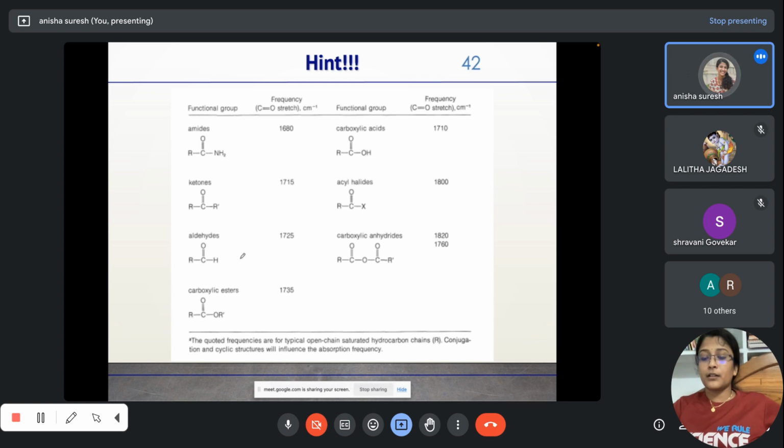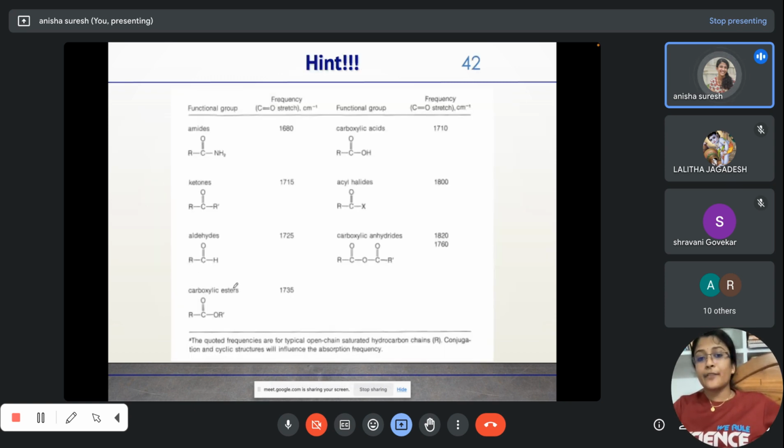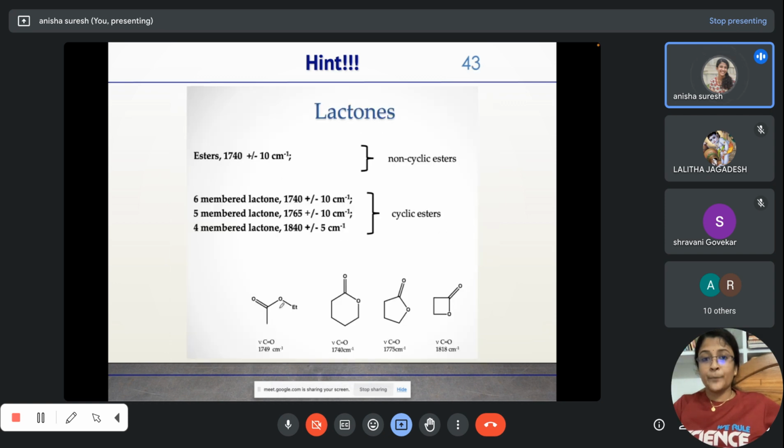In our question, we have a cyclic ester. A normal ester has a stretching frequency of around 1735 centimeter inverse, but here we are given a cyclic ester, a 5-membered lactone.